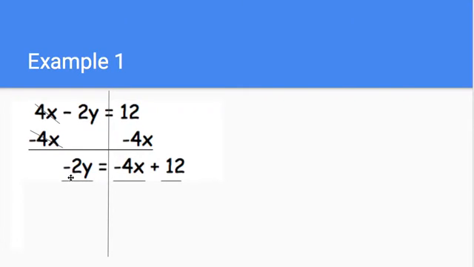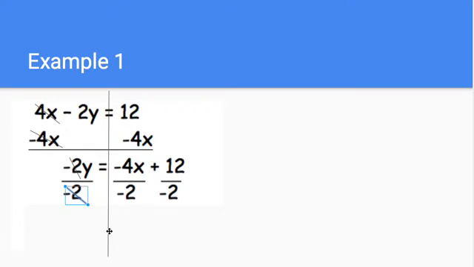So to get rid of it, I divide by negative 2. But here's the trick. If I divide this by negative 2, I have to divide over here by negative 2, which means everything gets divided by negative 2. So negative 2y divided by negative 2, these are going to cancel each other out, leaving me with just y.